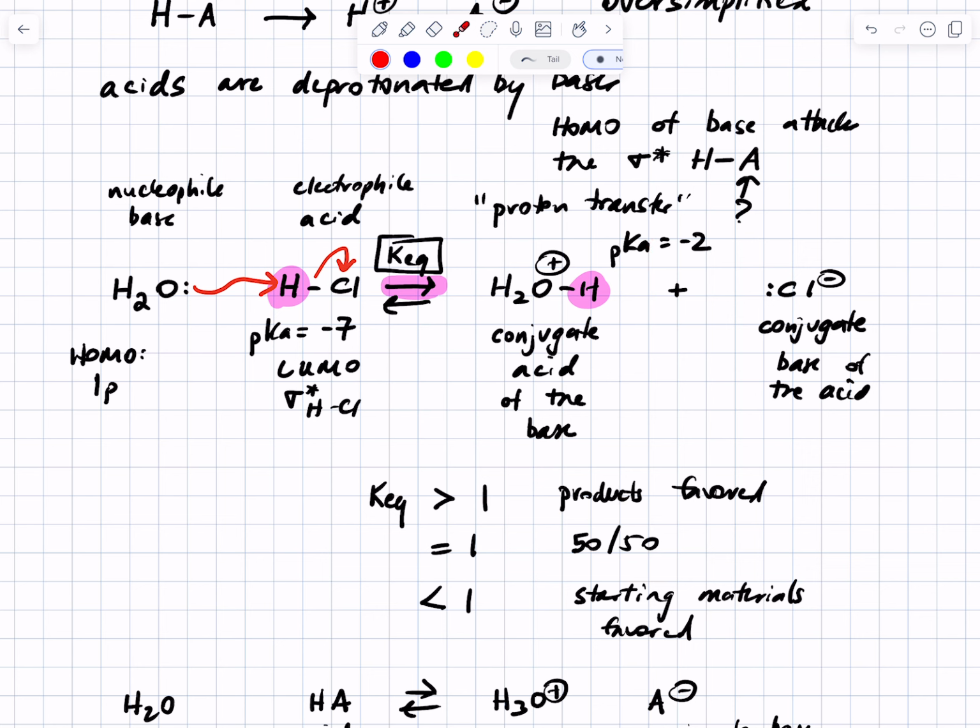This pKa is 5 pKa units higher than this one. That means 5 powers of 10. This molecule is 100,000 times more acidic than H3O+, so of course it's going to lose its proton. Okay, questions you have about that?